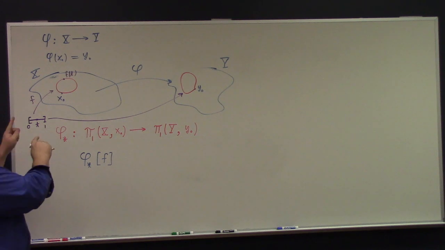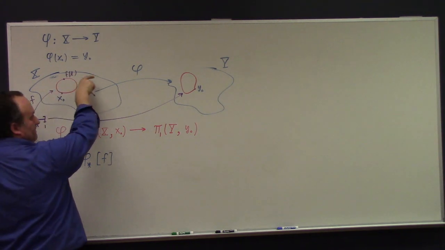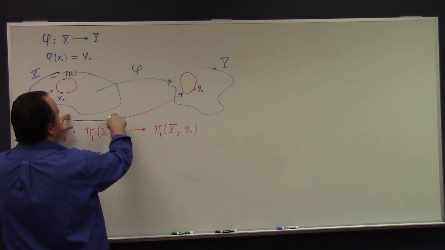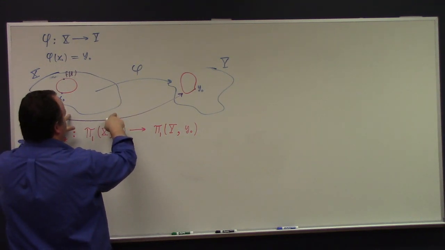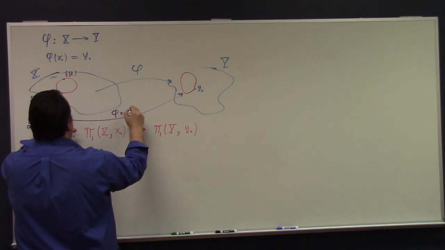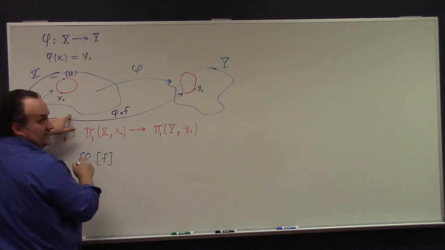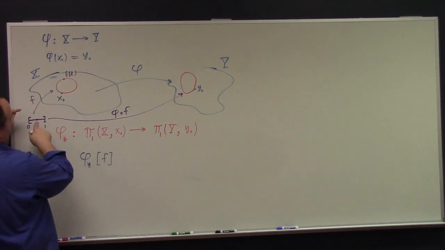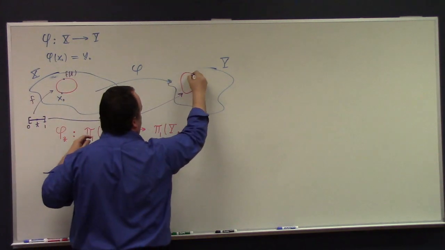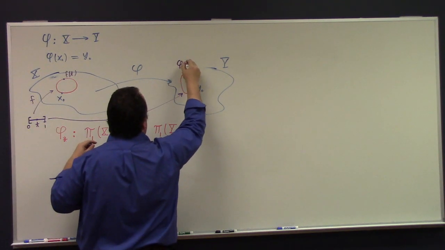I can just go like this. So this mapping would be, the first shall be last, the last shall be first, phi composed with f. Then it goes up here to f of t, and then f of t maps over to here, to phi of f of t.